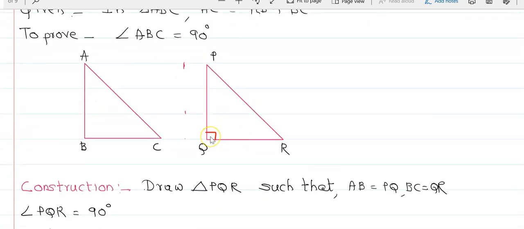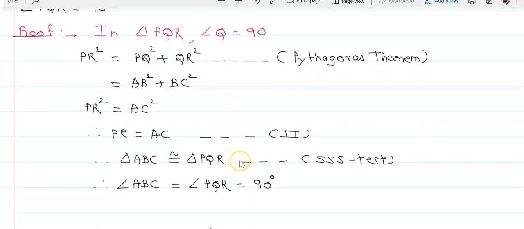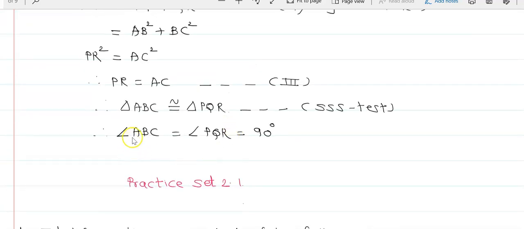But measure of angle Q is 90 degrees. Therefore, measure of angle B is also 90 degrees. And hence, it is proved. Measure of angle ABC is equal to measure of angle PQR, that is equal to 90 degrees. This is CACT, corresponding angles of congruent triangles. And in this way, we have proved the converse of Pythagoras theorem.